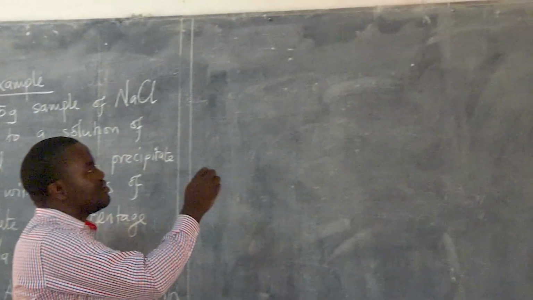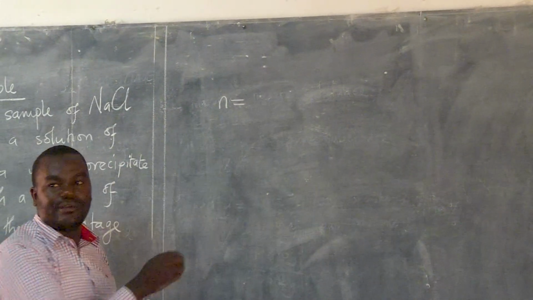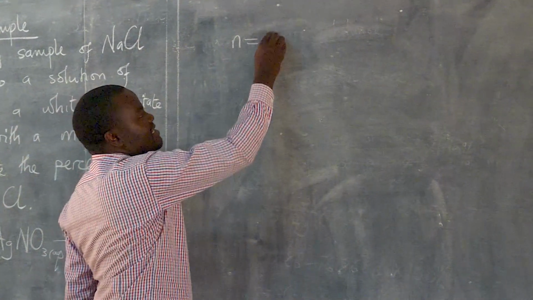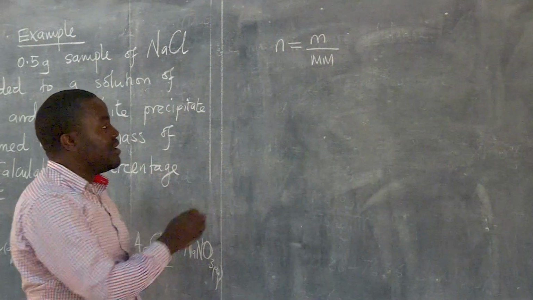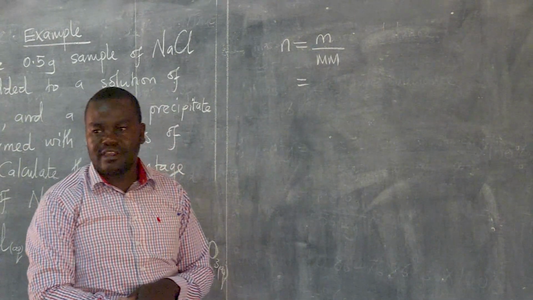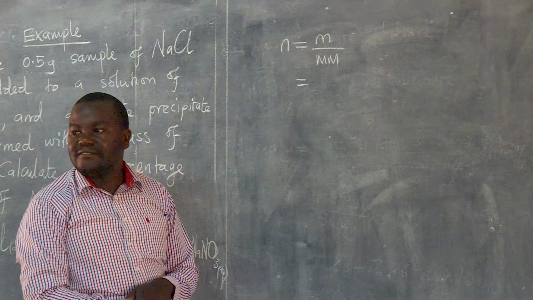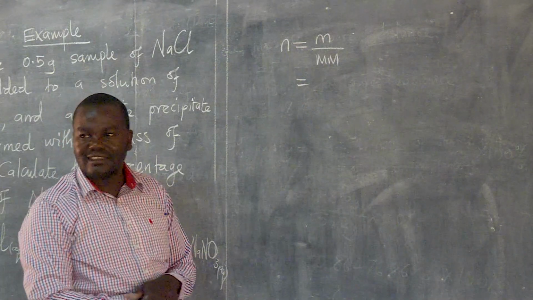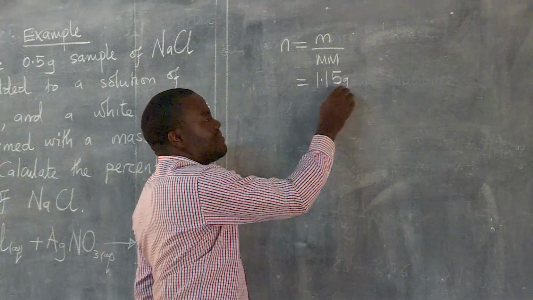So we begin. We know number of moles is given by which formula? Yes, Khalid? Mass over molar mass. So number of moles is equal to mass over molar mass. The mass we've already been given for the precipitate. What is the mass for the precipitate? Yes, Jennifer. 1.15 grams.